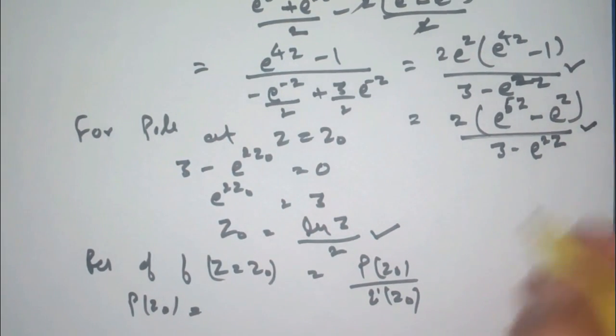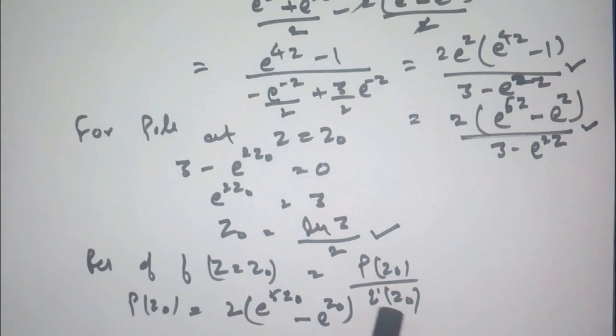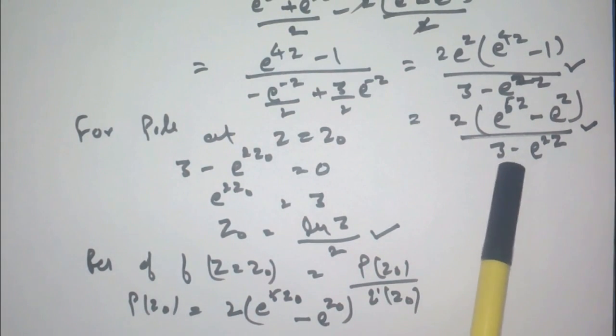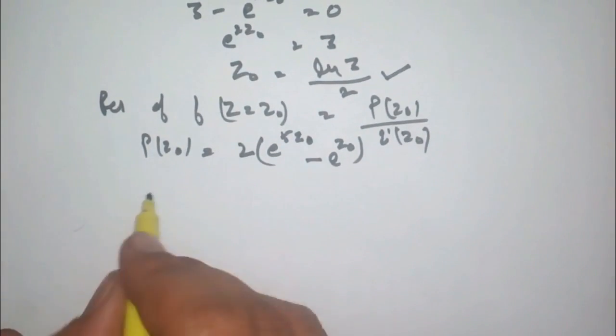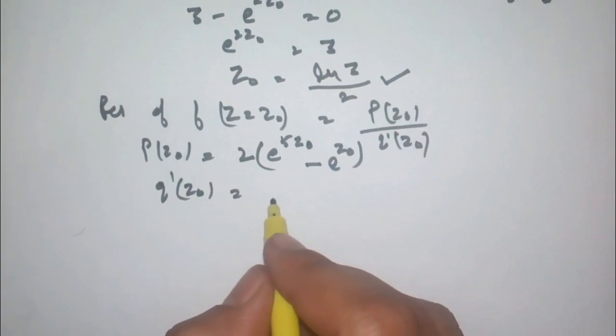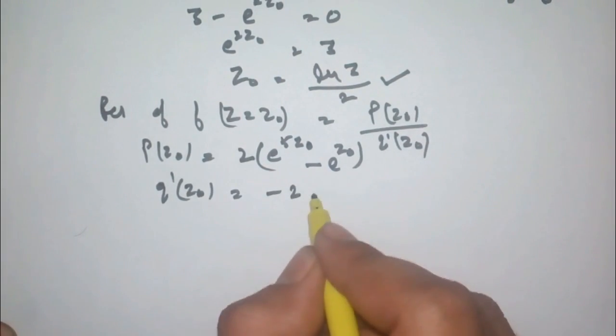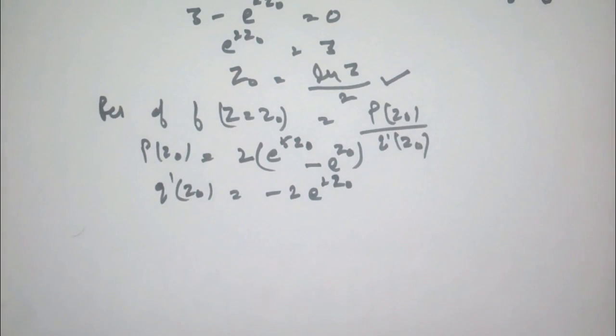So p(z naught) will become 2 exponential 5z naught minus exponential z naught, and q dash z naught is the differentiation of this term. So we will get q dash z naught equal to minus 2 exponential 2 z naught.